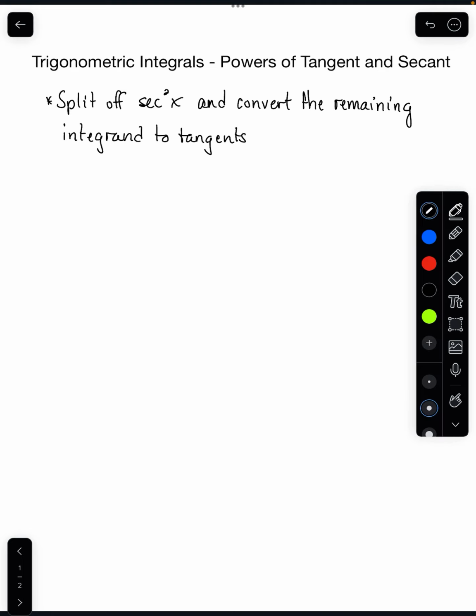The idea here being that this would allow us to use u equals tangent x with du equal to secant squared of x dx.